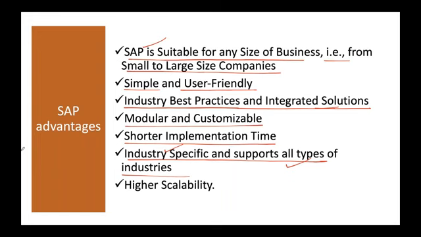Any type of industry can use SAP. And it has higher scalability, so as per your current organization needs, you can increase the data in the system. These are the reasons due to which SAP has become the number one ERP in the world when compared with other ERPs.